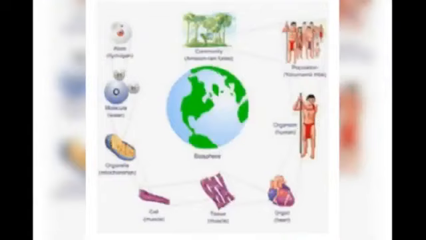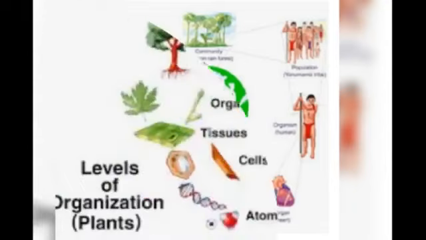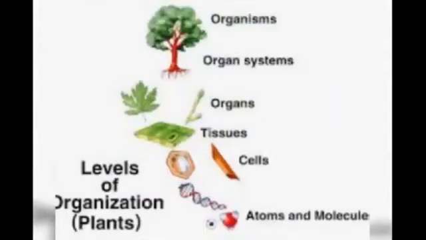If you take a human being, it starts with a small atom, molecule, cell organelle, cells, tissues, organs, organism, population, and it combines with the environment to make up the biosphere. Similarly for plants too, atoms and molecules combine to form cells, into tissues, into organs, into organ systems, and finally a plant, a tree, is formed.